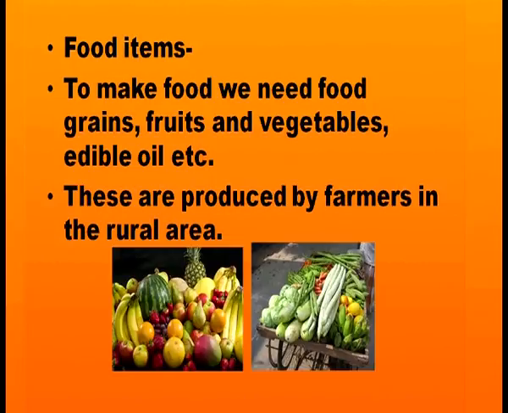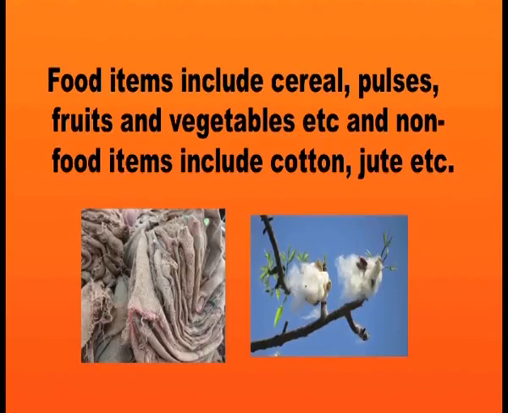That is food grains, fruits, vegetables, edible oil. These all are known as food items. These are produced by the farmers in the rural areas. These food items that we use regularly every day in our life include cereals, pulses, fruits, vegetables.